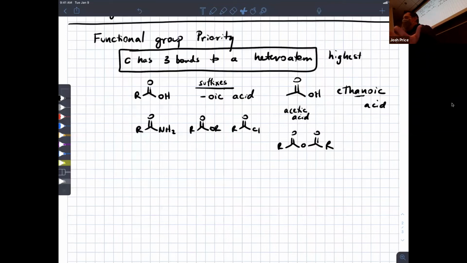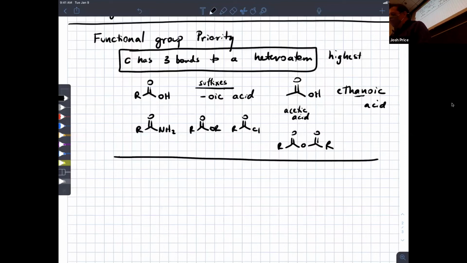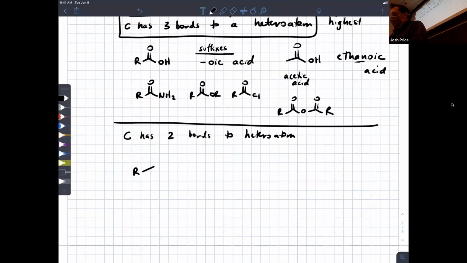Okay. The next group, you're going to want to pay attention to both prefixes and suffixes. This group only has 2 members, and it's where carbon has 2 bonds to a heteroatom. There are actually more members to the group, but only 2 that we'll worry about. One is the ketone, and I'm going to be pretty clear here, R equals a hydrocarbon.